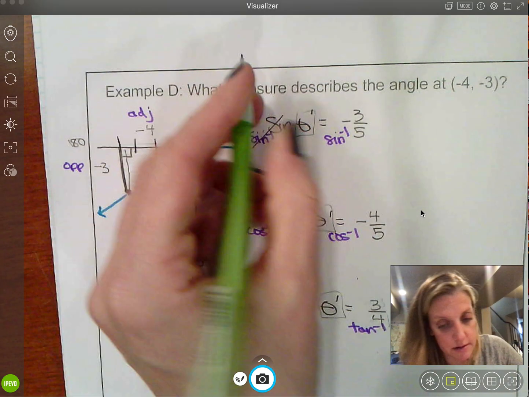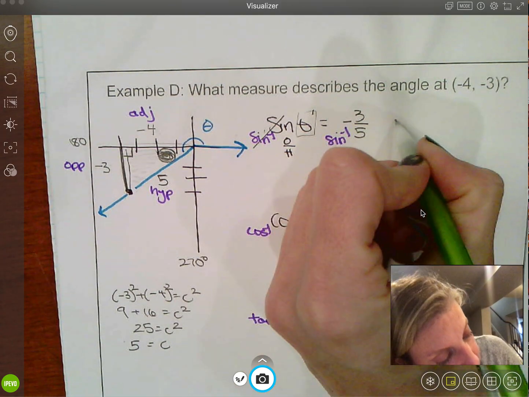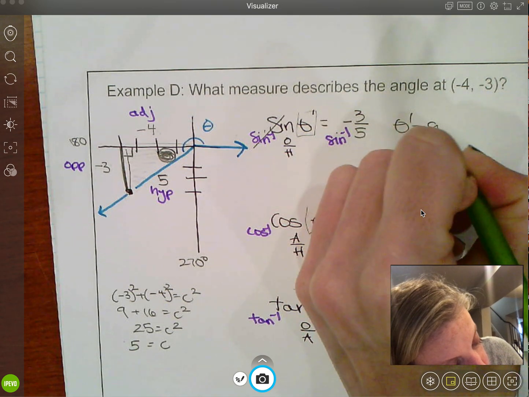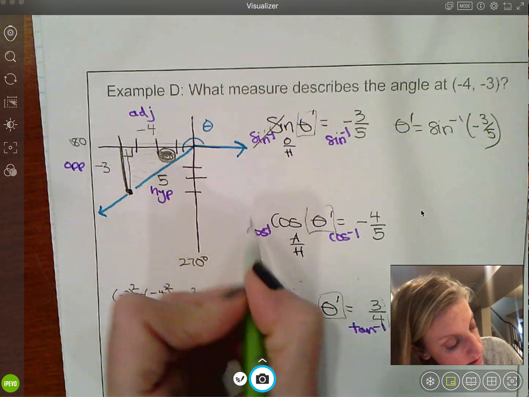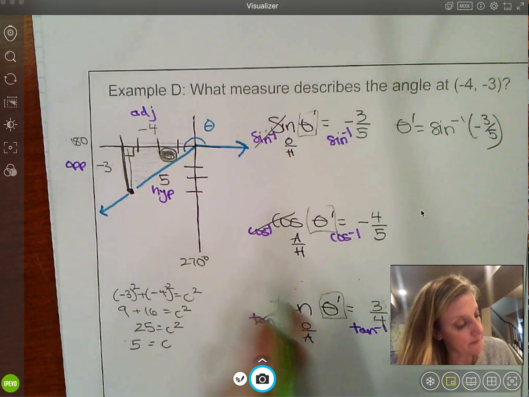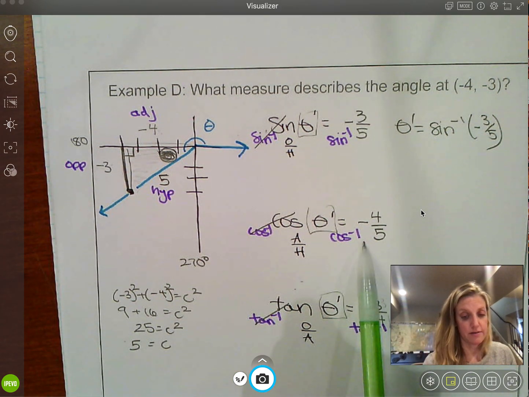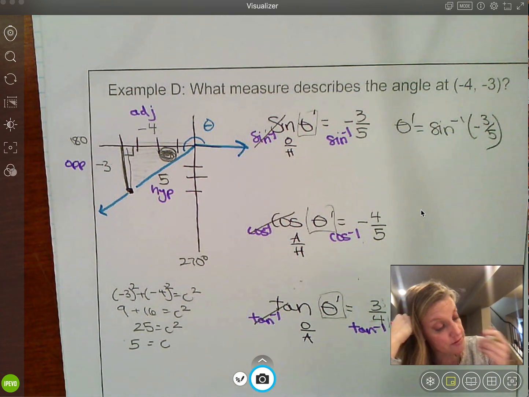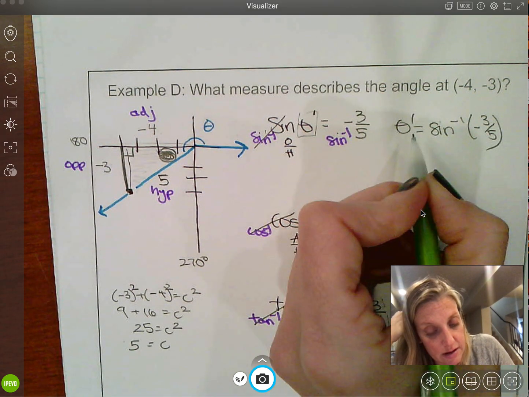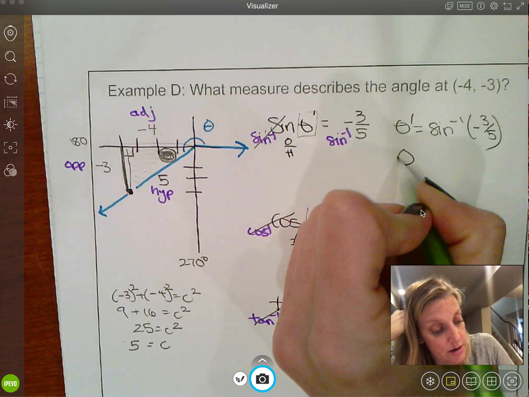So to find the angle, we're doing the inverse sine of -3/5. I think you get the idea. We'll do the inverse cosine of -4/5 and the inverse tangent of 3/4. For the sake of time, I'm going to do that calculator work for you because I think you know how to do it by now.